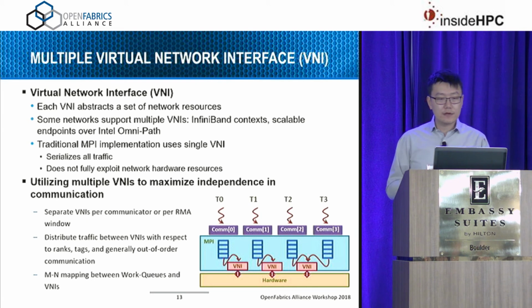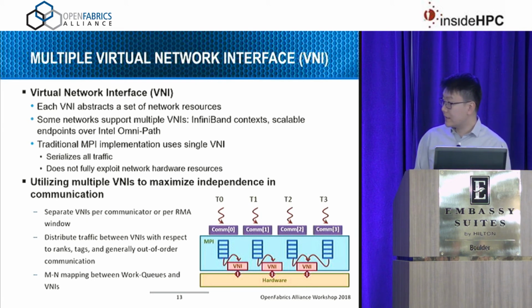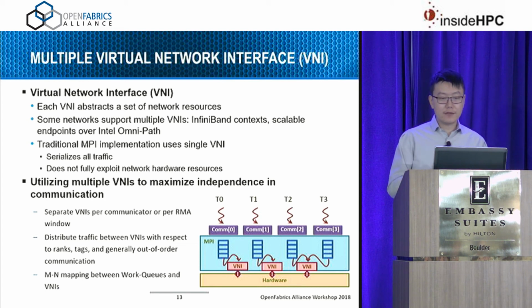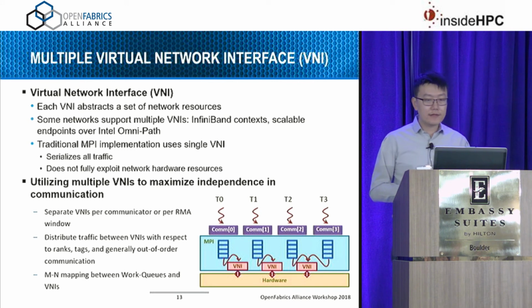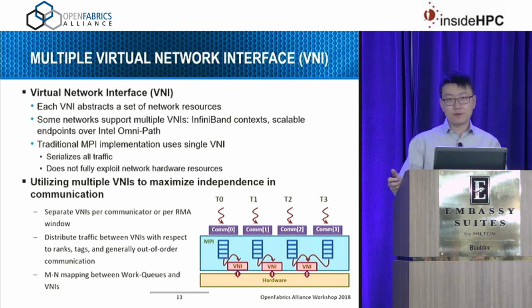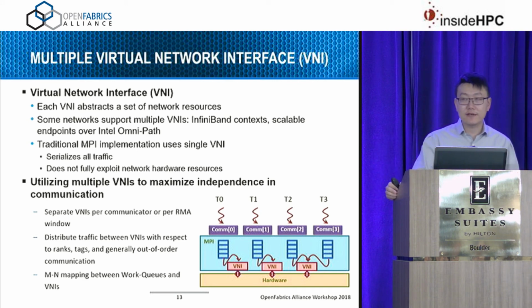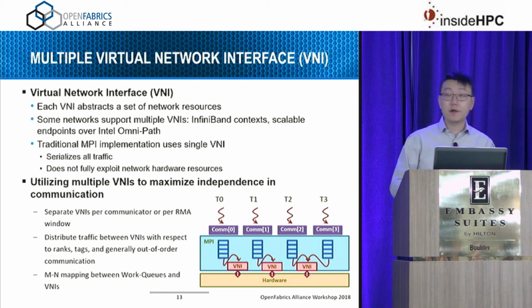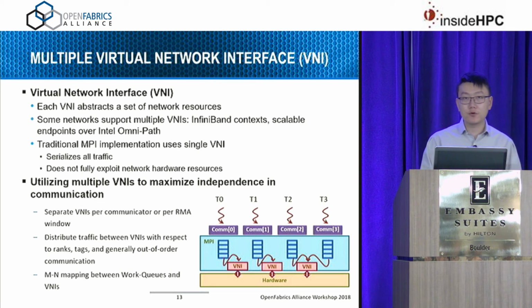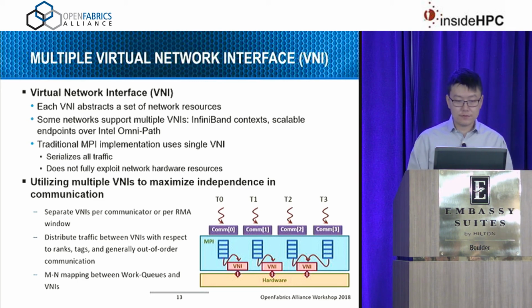So what we have here is you can create multiple VNIs and bind the queues to different VNIs. For example, with OFI, we can have a dedicated VNI for RMA operations and a different VNI for point-to-point, and attach the queues to these VNIs respectively.